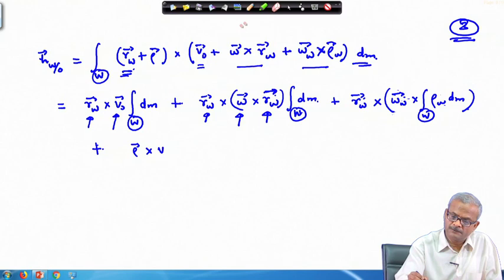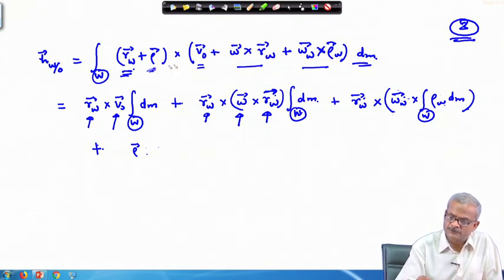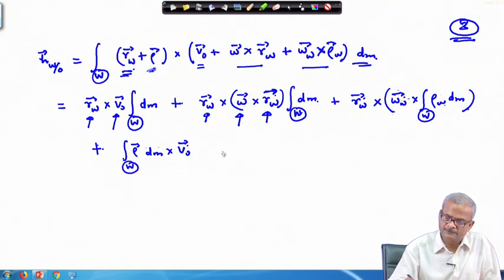Now, with respect to this rho, we are going to integrate. So, with this rho we will be multiplying all the terms. So, this becomes rho d m cross v 0. v 0 is not dependent on the integration over the wheel, so this comes outside.